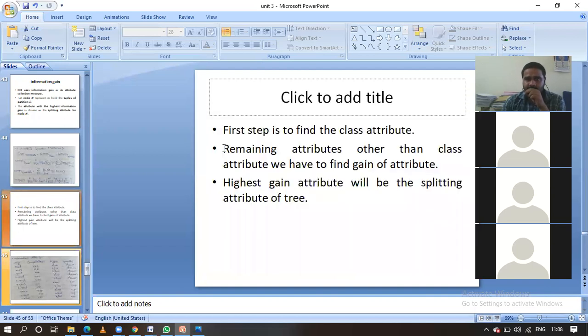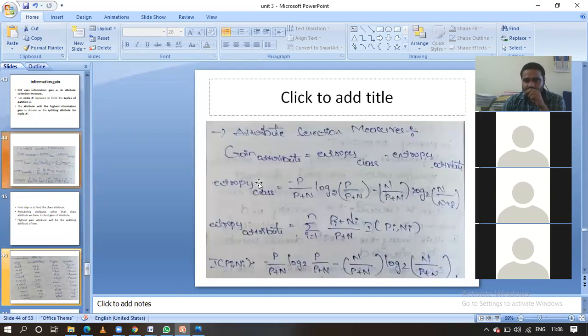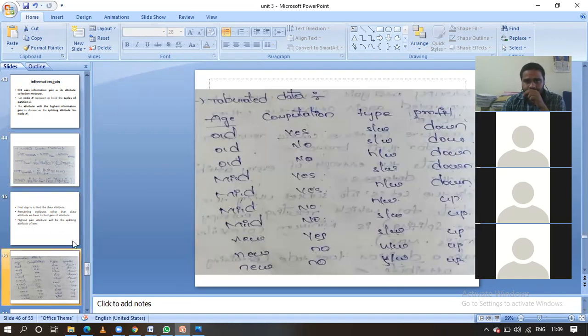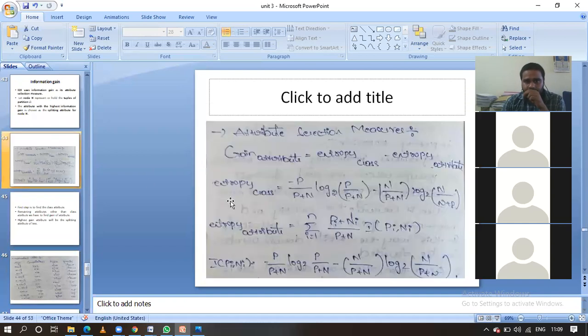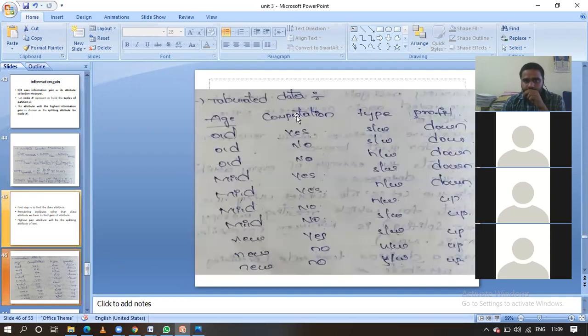For that one, guys, we have to use this formula. We have to calculate the entropy of the first attribute, age, and the entropy of computation, and the entropy of type. There are three attributes: age, computation, type.